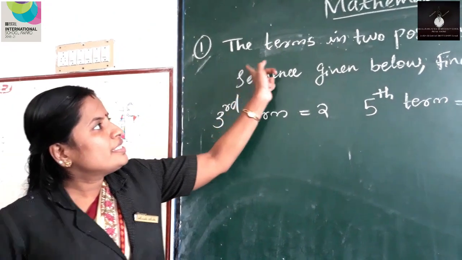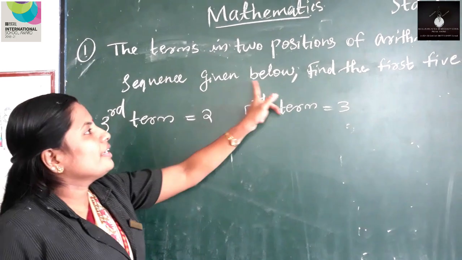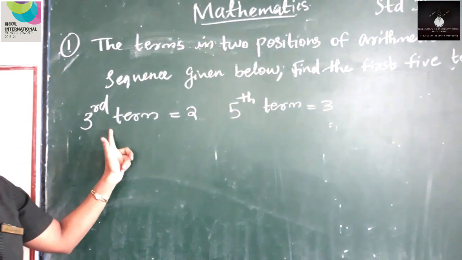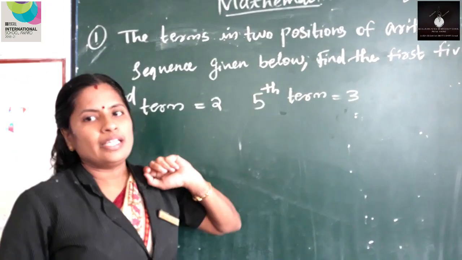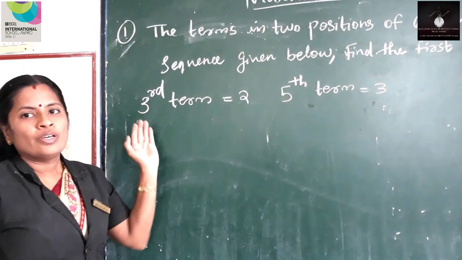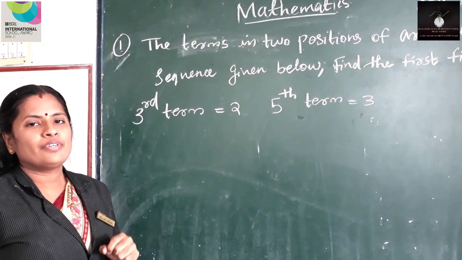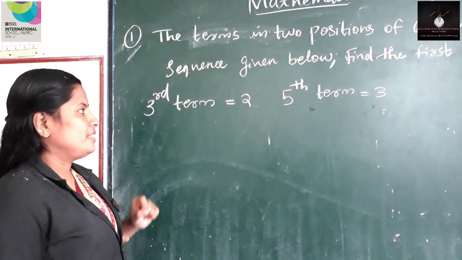Next, the terms in two positions of an arithmetic sequence are given below. Find the first 5 terms. The third term is 2, fifth term is 3. So here we have to use that formula, term difference equal to position difference into common difference.